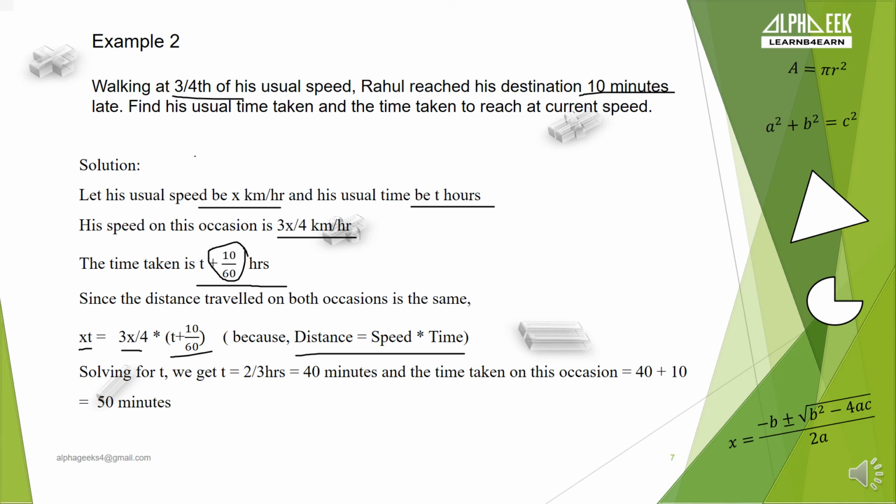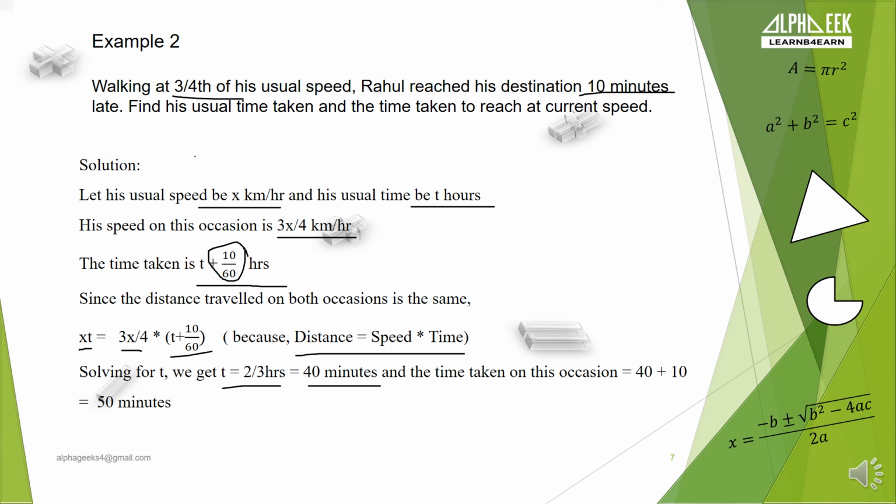Now solving this equation we can get t equals 2 by 3 hours. Now converting this hours into minutes will give us 40 minutes. Just multiply the term by 60 and you will get it in minutes. And the time taken on this occasion where Rahul is traveling at 3 by 4th of his usual speed is 10 minutes more.